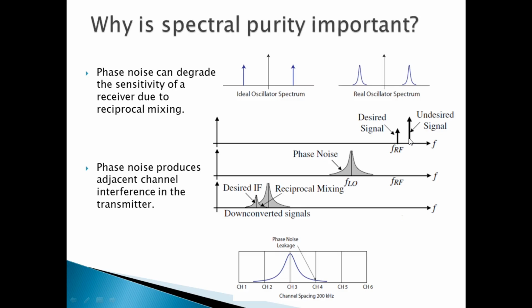What happens in the process is that when these two signals are mixed and down converted, both these signals will get mixed with the LO, and the down converted signal will have the IF of the desired frequency, and next to it, because they were close in the higher frequency range, they too will be close again when they are down converted.